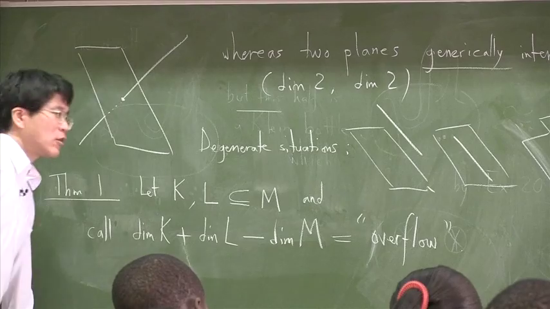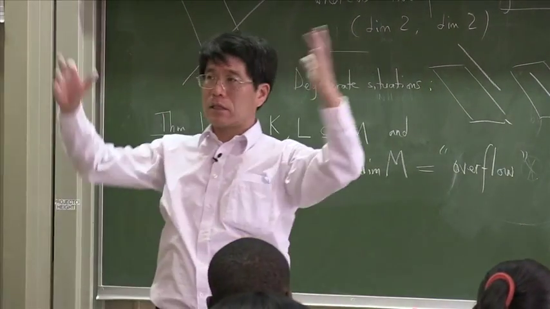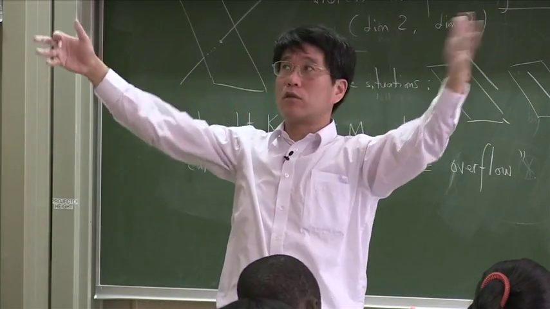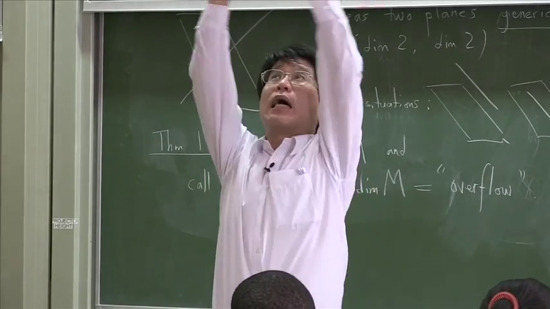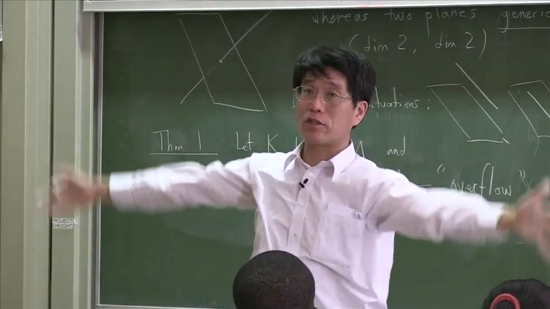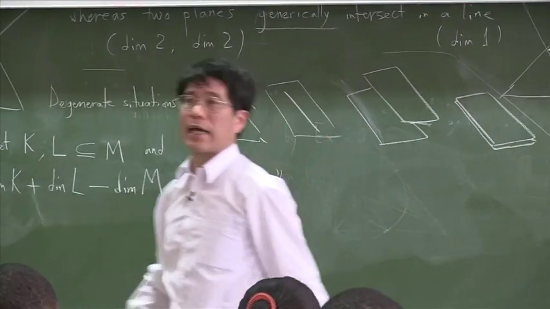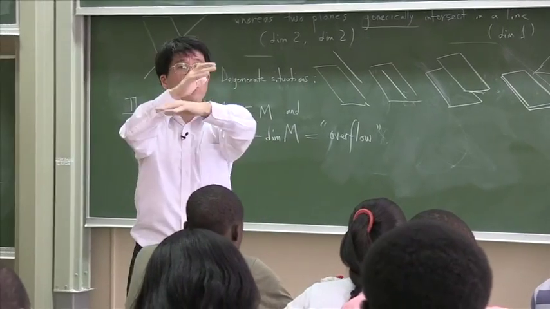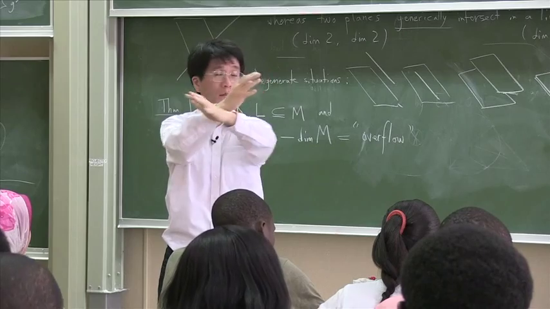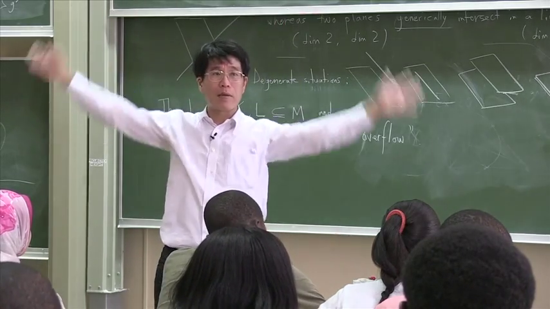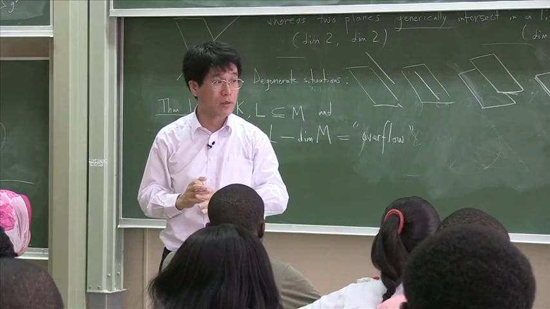Why do we call it overflow? Here is why. The ambient space, the box into which we are trying to fit K and L, has dimension M. It's very intuitive that if you try to put a very large K and very large L, they will not be able to fit separately. They'll have to start crossing, because there isn't enough space in the ambient space to accommodate those submanifolds.